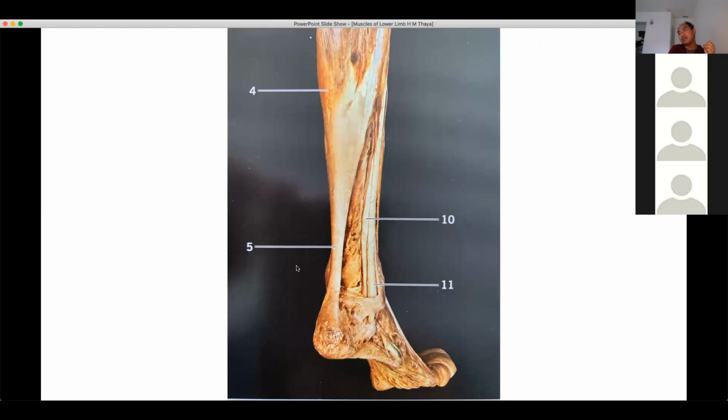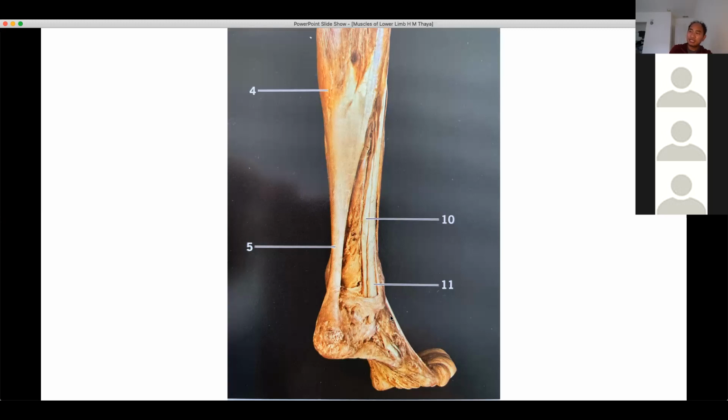If you look at this diagram again, this is the Achilles tendon, or calcaneal tendon, because it inserts into the calcaneus, and it is made of the gastrocnemius and soleus complex.